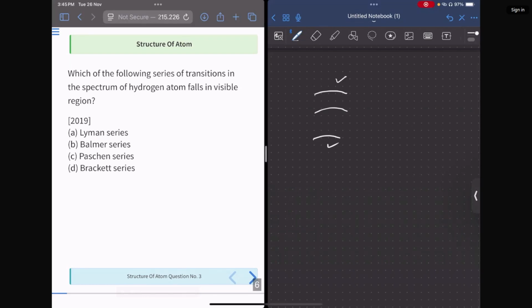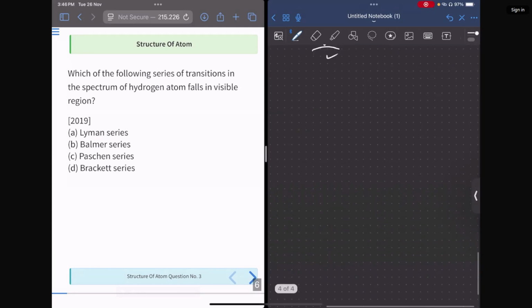If an electron comes from a higher to a lower energy level, it radiates some energy, and this energy is converted in the form of a wave. For the hydrogen atom, there are constant spectra. These are the names: Lyman, Balmer, Paschen, and Brackett. So let's find out what these are.